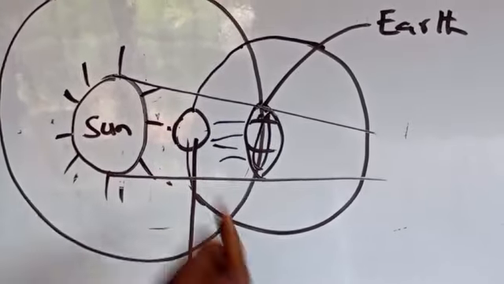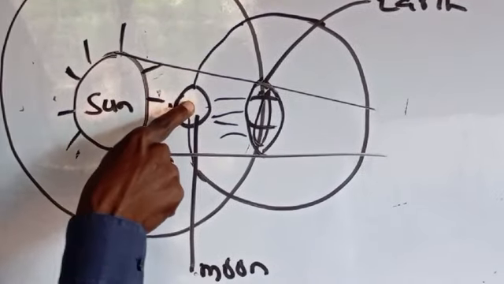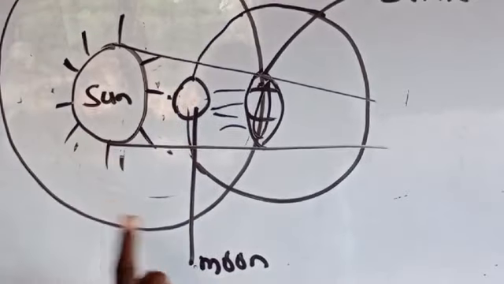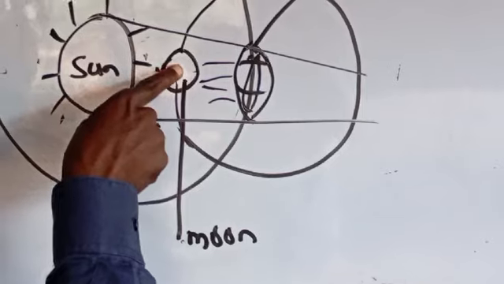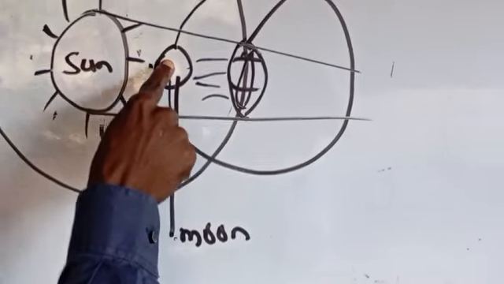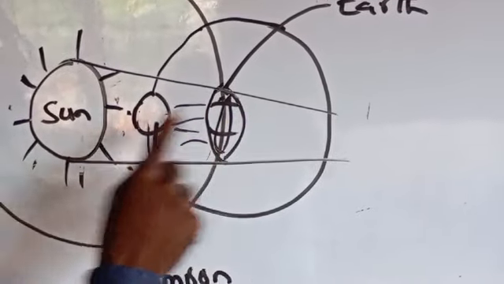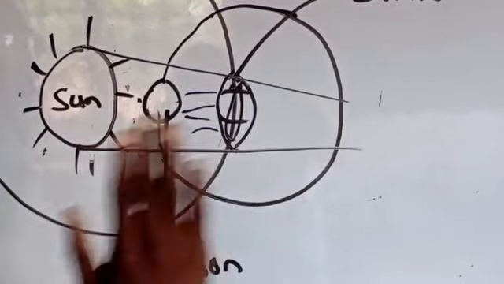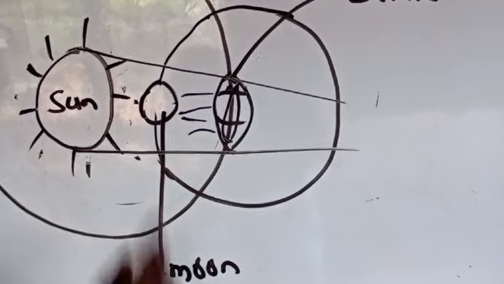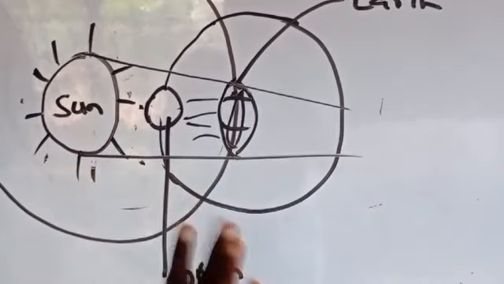That is to say, the earth is in the shadow of the moon. Since the earth is bigger than the moon, the people on the earth cannot experience total what? Eclipse. Some part of the earth will experience eclipse, while some part we have light.